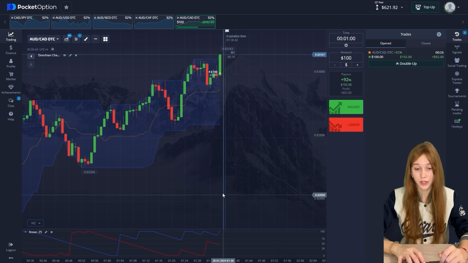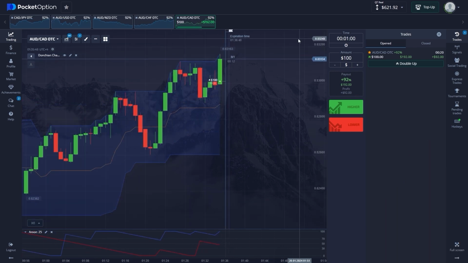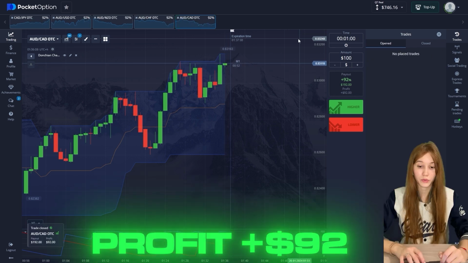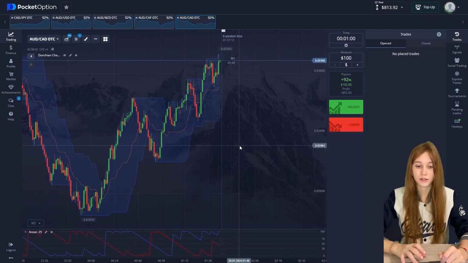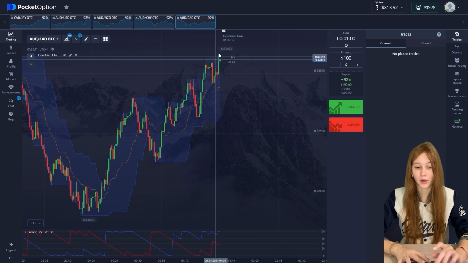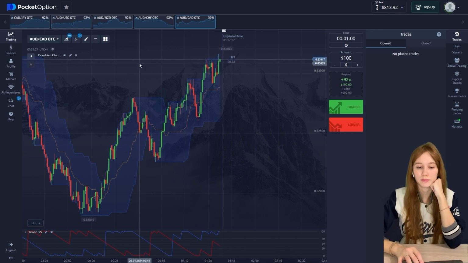The blue line is directed to the upper position. Let's look. Perfect. Last deal. Profit is $92. Good. Because our payout percentage is exactly 92%, and I advise you to choose more than 80%.